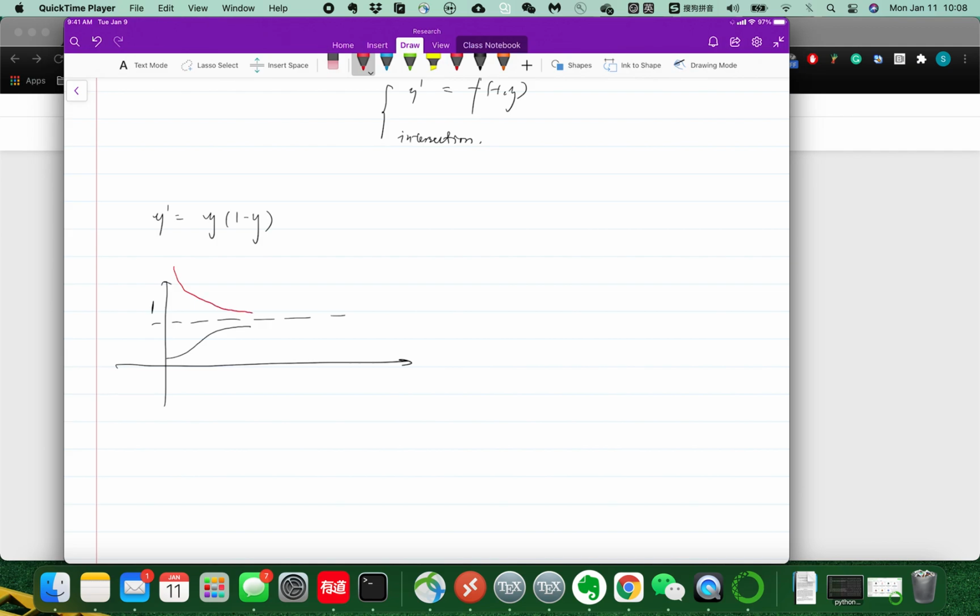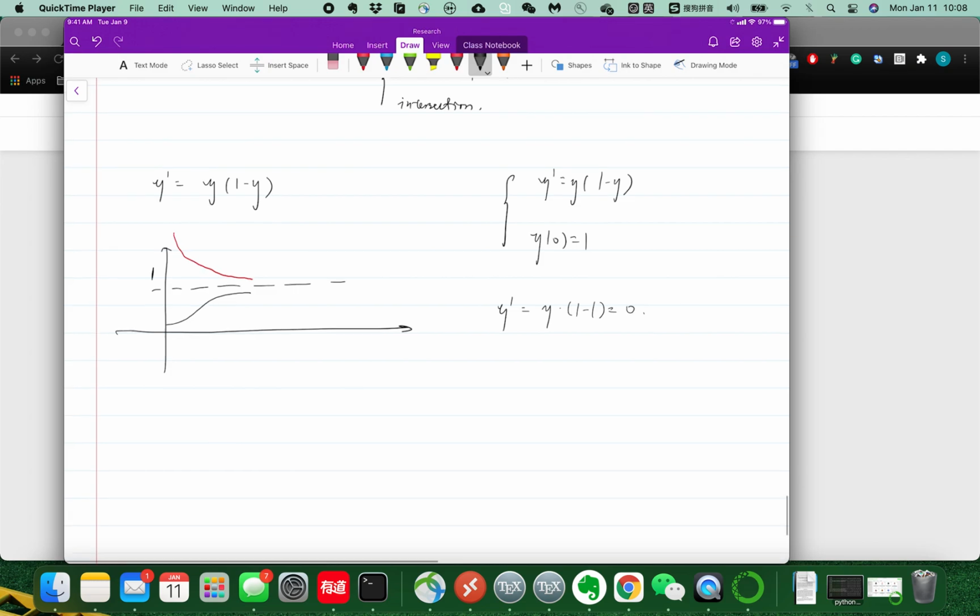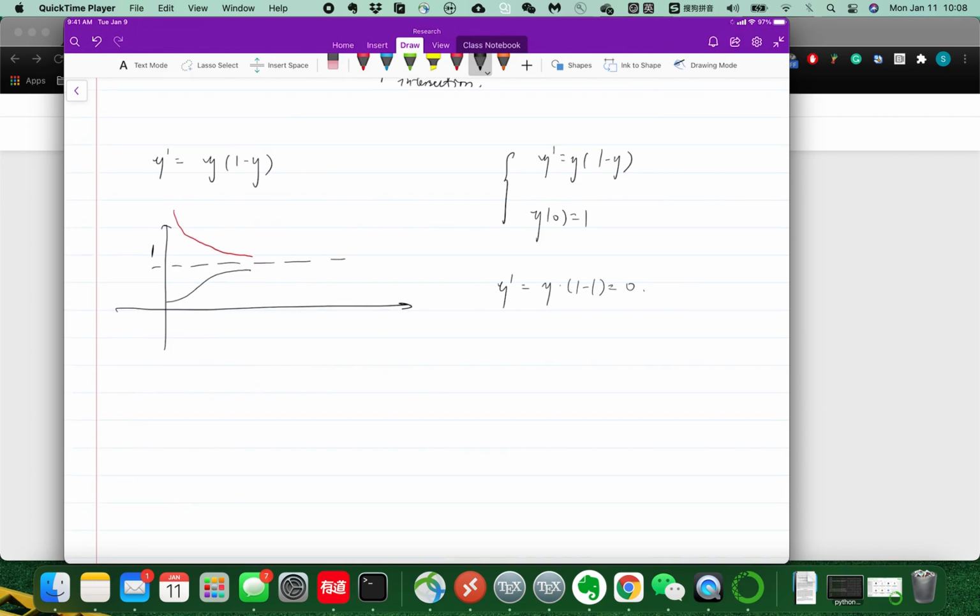What about exactly 1? If you solve this one, what's going to happen? Well, y prime is going to be y times (1 minus 1), which equals 0. That means starting from 1, you never change. That means this horizontal asymptote is actually itself a solution. It's a very special one.